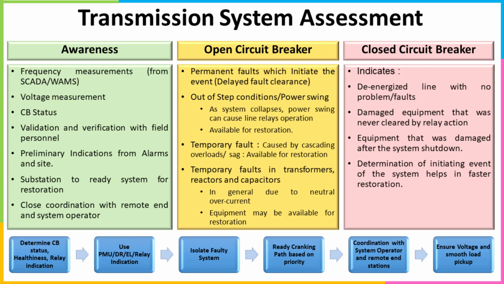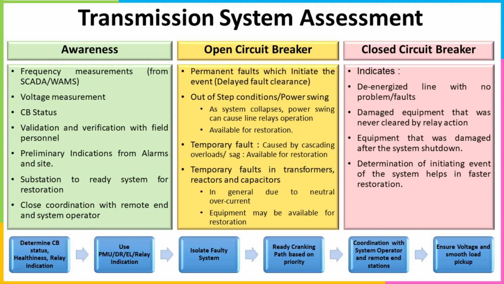What the relay will see is an encroachment, there is a power swing there, so it can treat it as a fault. That power swing has led to the apparent impedance entering the zone 1 characteristic. So there is no fault on that line, but that line may trip on the protection aspect. So you have to look into this very seriously, where this information is very critical for restoration, so that you don't try to energize the faulty part, you are trying to energize only the healthy part of the system.